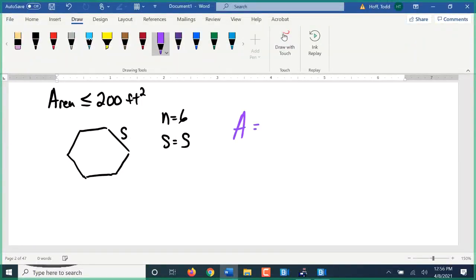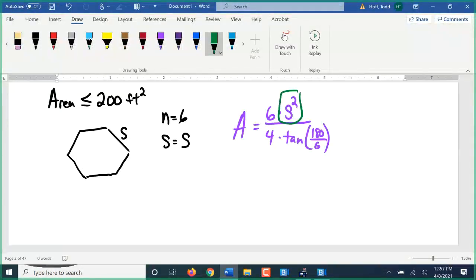So our area equals n, which is 6, times s squared over 4 times the tangent of 180 over 6. Now we need to solve this for s squared.